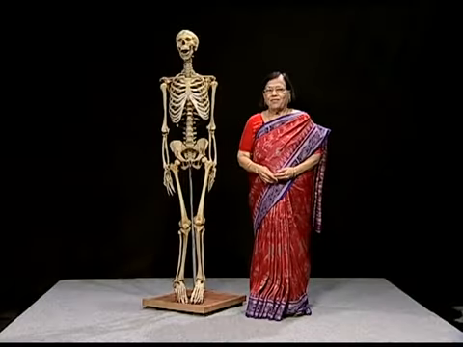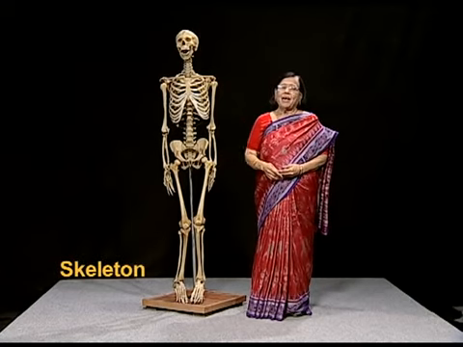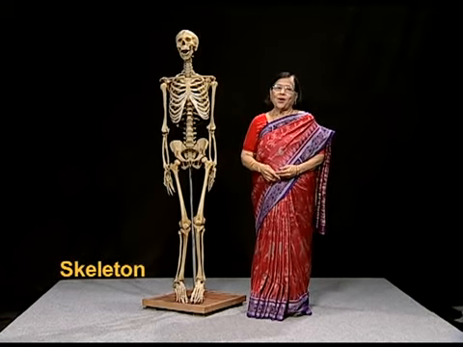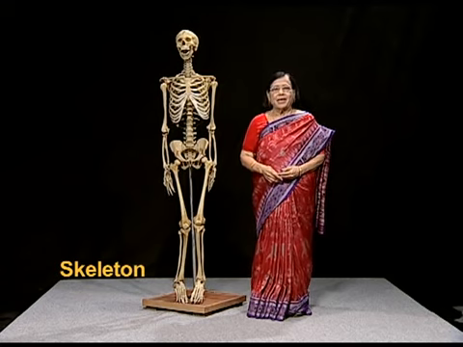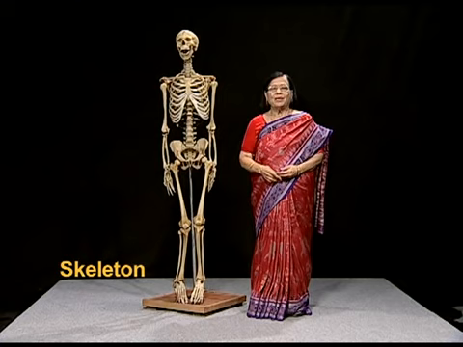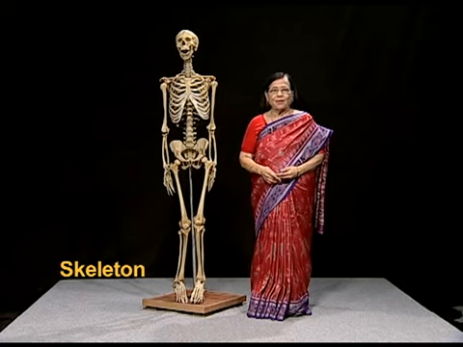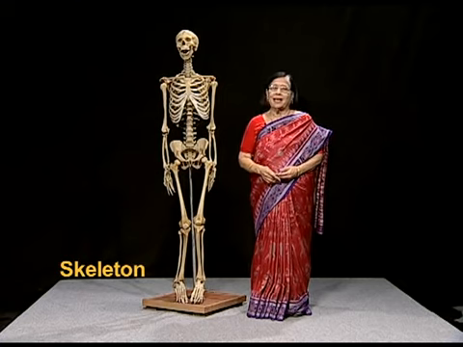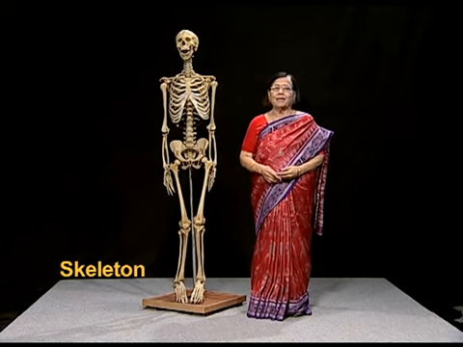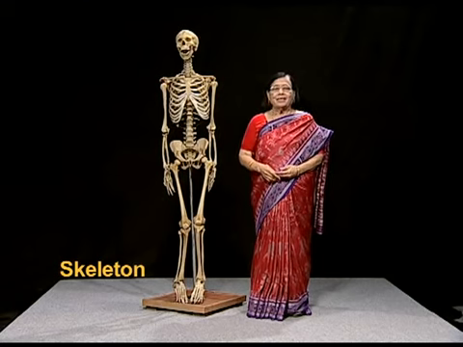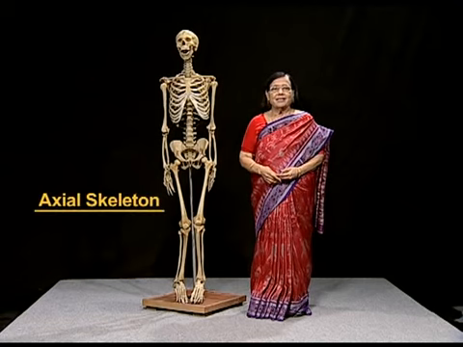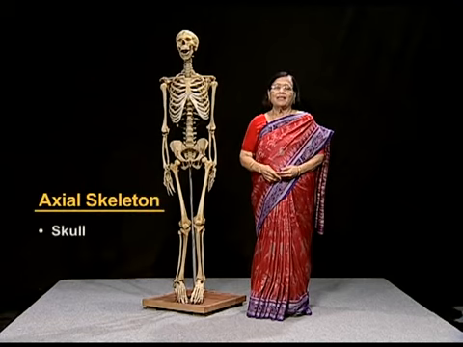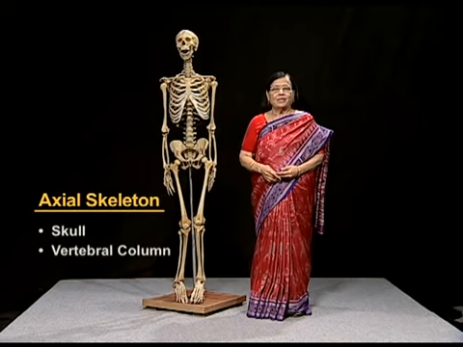Children, we have reached near the skeleton and I am quite excited to see all the bones in one vision in one go. I am sure you are equally interested to know about the placement of these bones in our body, which we are going to discuss along with this skeleton. As you know, there are two main divisions of the skeleton. The axial skeleton comprises the skull, the vertebral column and the rib cage.